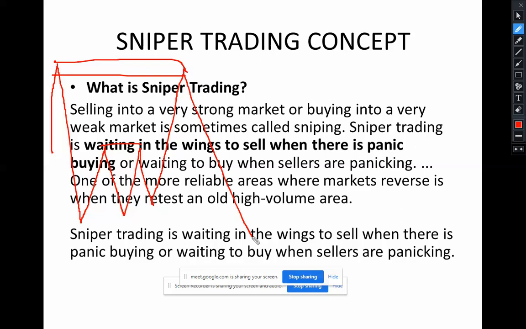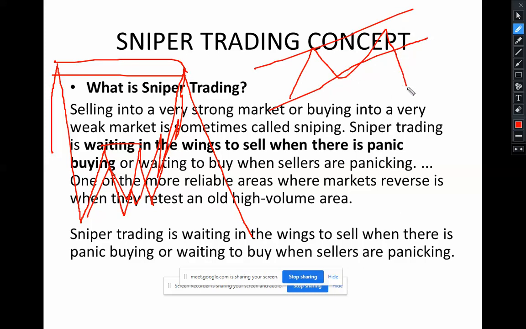So what you have to do is look for an area, an old high volume area, and wait for the market to retest. This is where the market dropped, then the market came all the way to retest the level. It's the same thing as when you are trading a channel. The market is ranging inside this channel and breaks out of the channel.